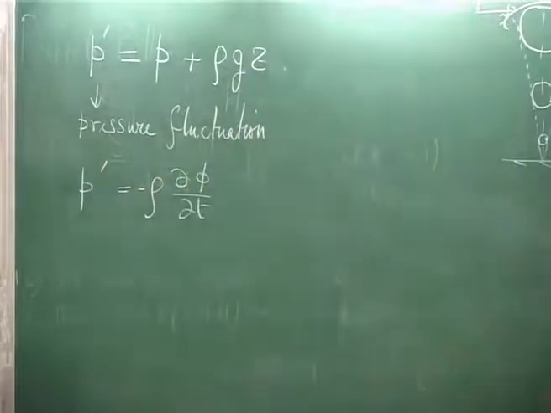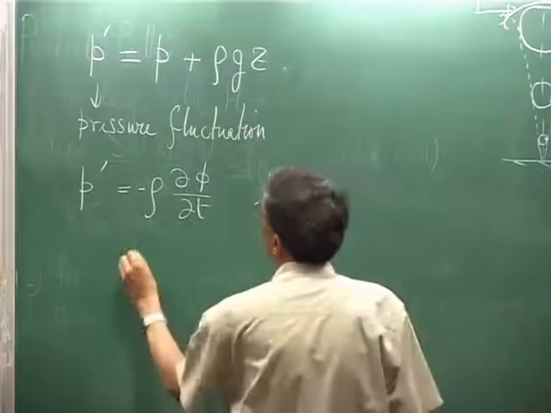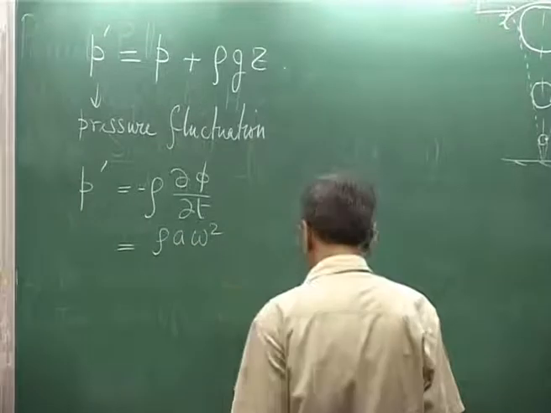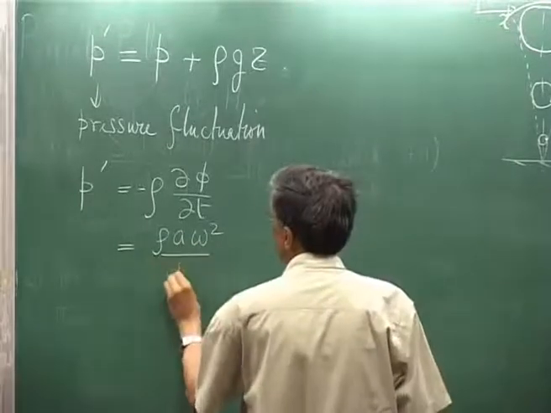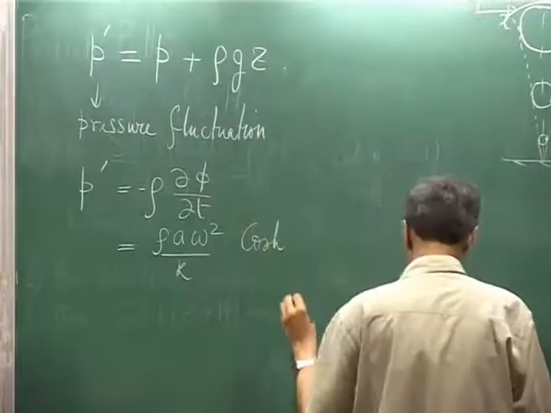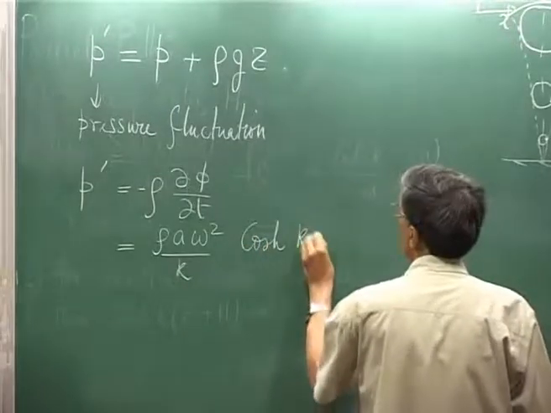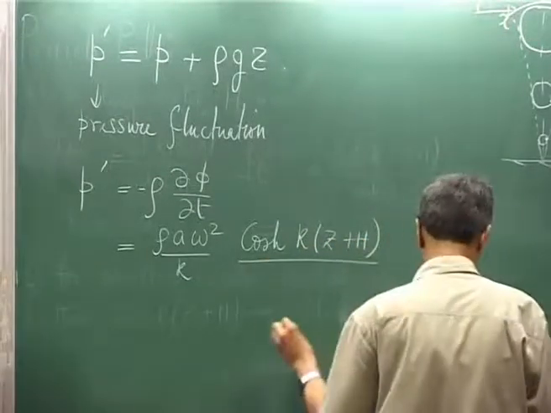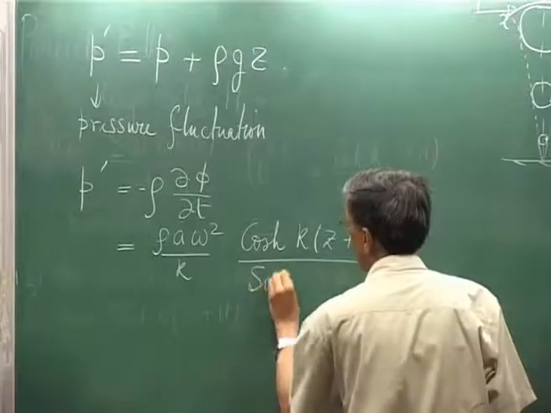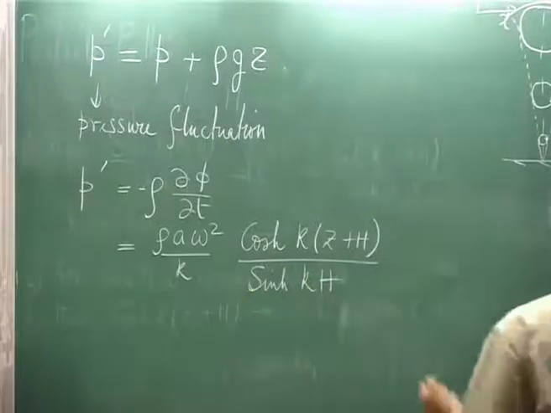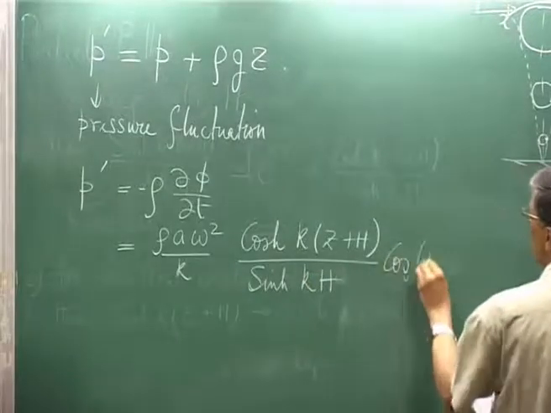Having obtained the expression of phi, you can calculate this as rho a omega square by k and cosine hyperbolic, this into the phase part.